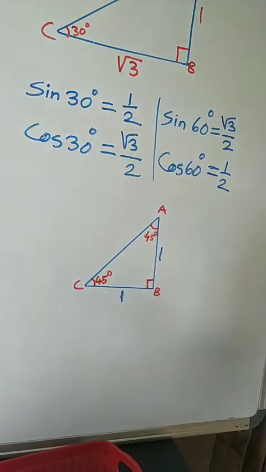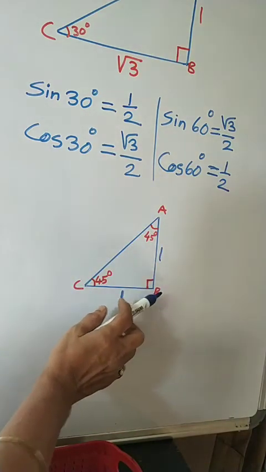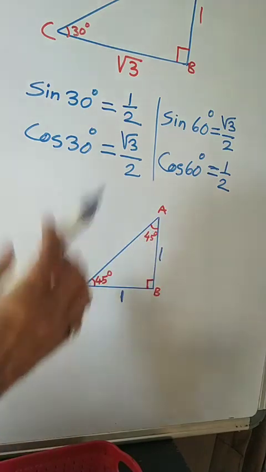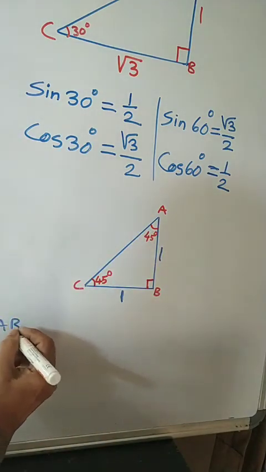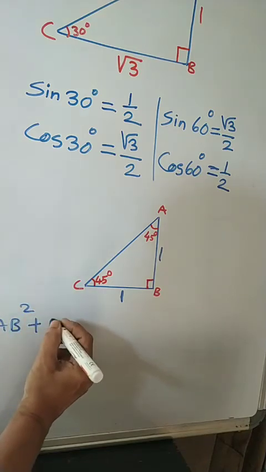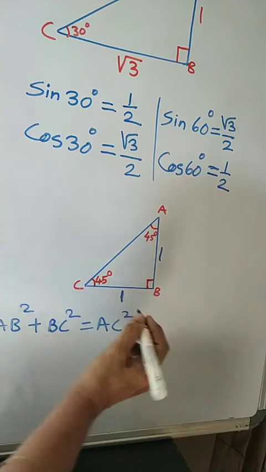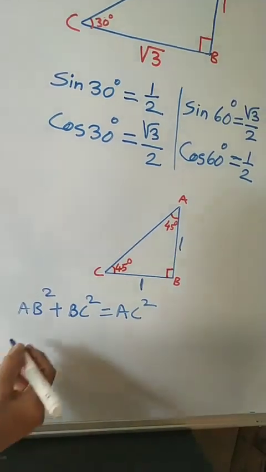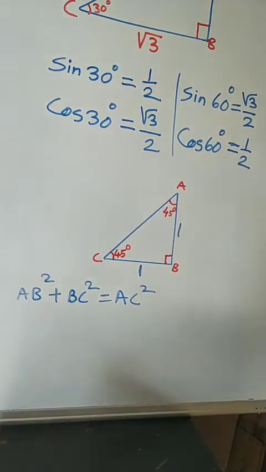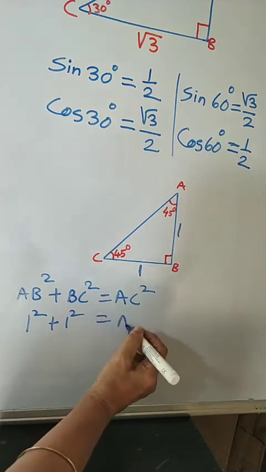And if we apply Pythagoras theorem, AB square plus BC square is equal to AC square. Let's do it. AB square plus BC square is equal to AC square. What is AB? 1 plus 1 square is equal to AC square.